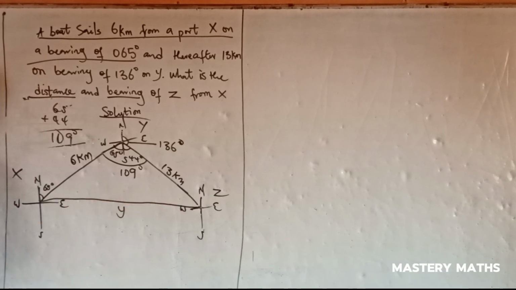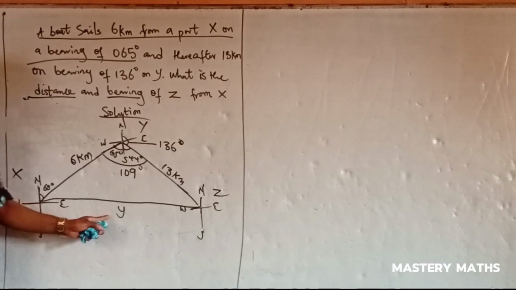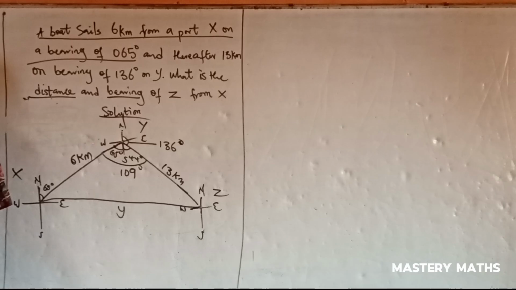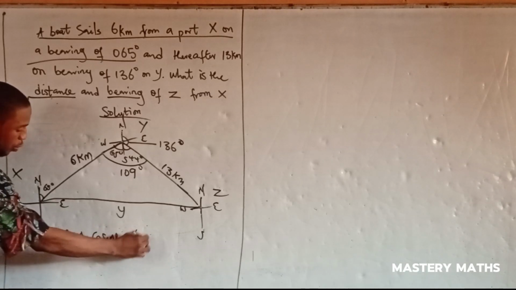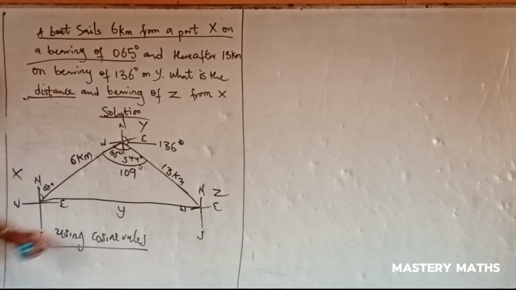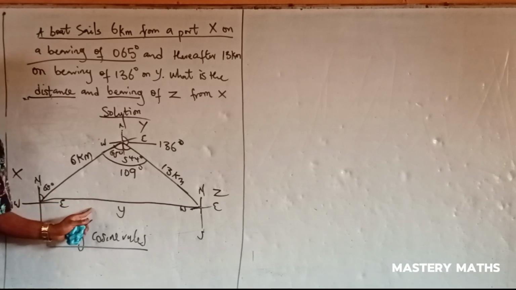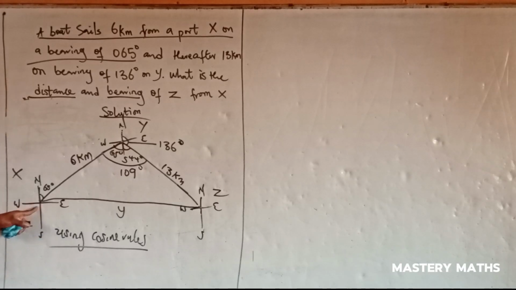Now, how do we solve for this? We'll solve for this by using what we call the cosine rule. The cosine rule will help us to get the distance of z from x.